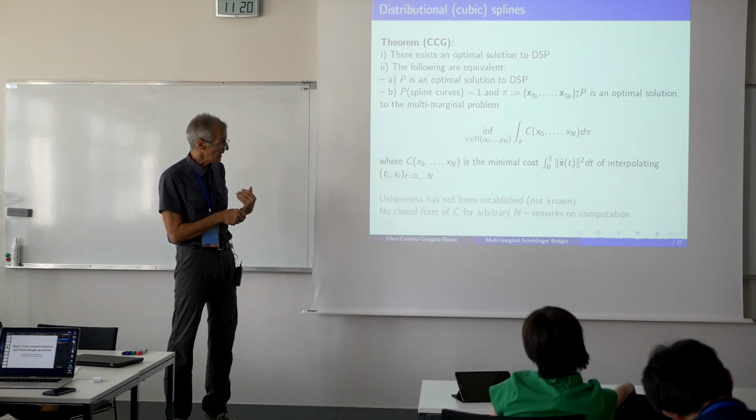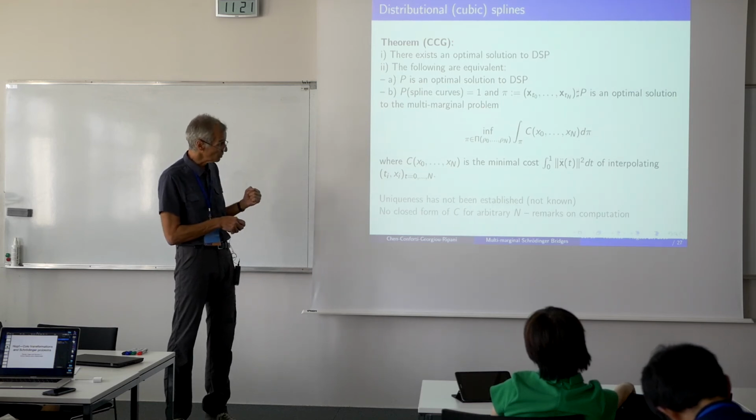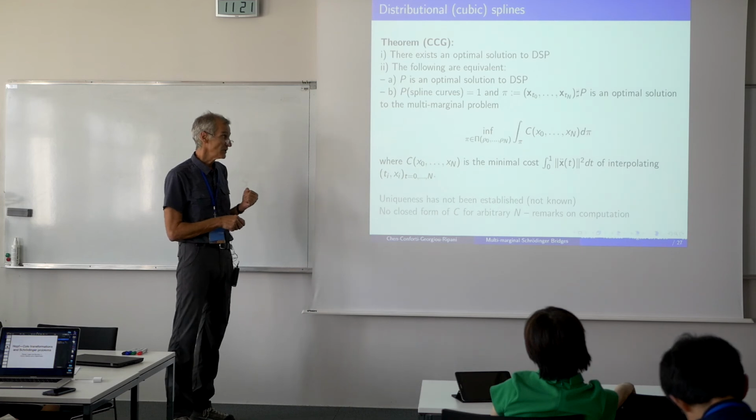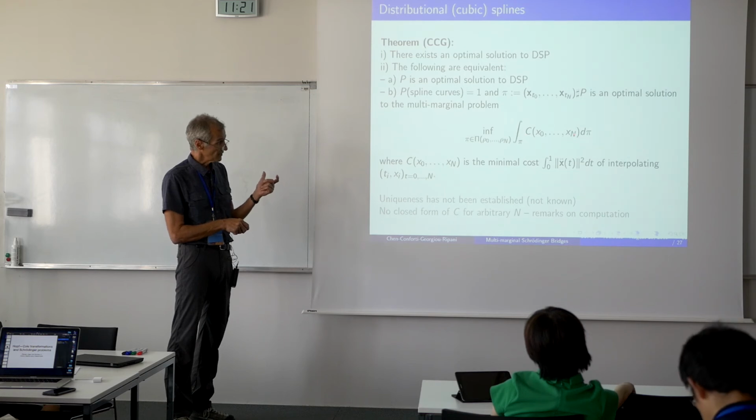And then if you slice it and you have the marginals, so you just stop it at those points, this is a solution to a multi-marginal problem, and that's one way of solving things. So you minimize now over a joint on a product space of n spaces here, where there is a cost.